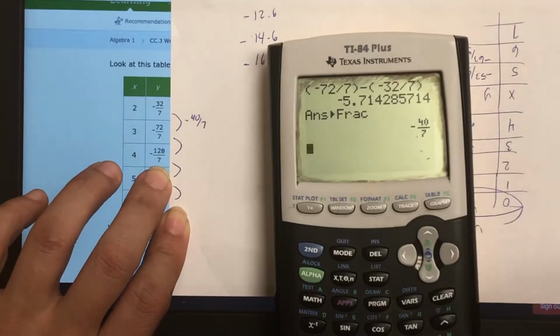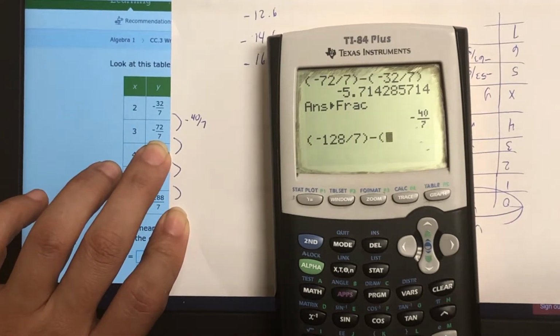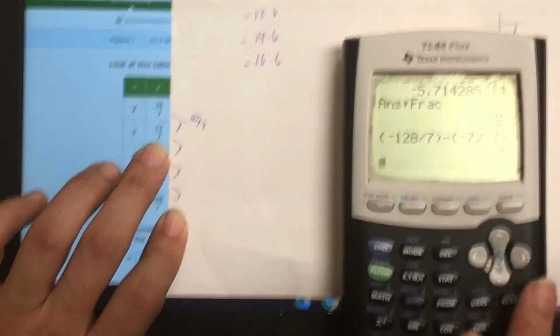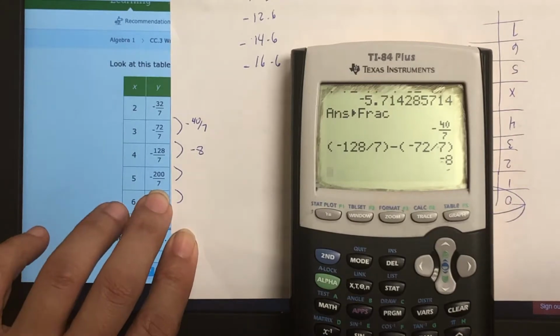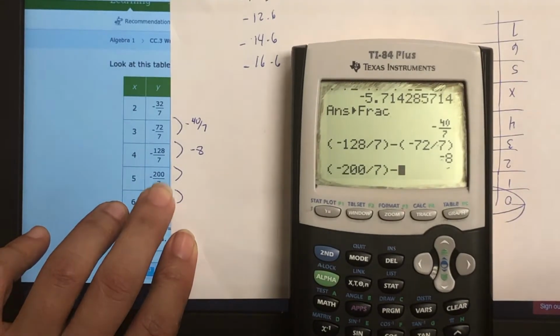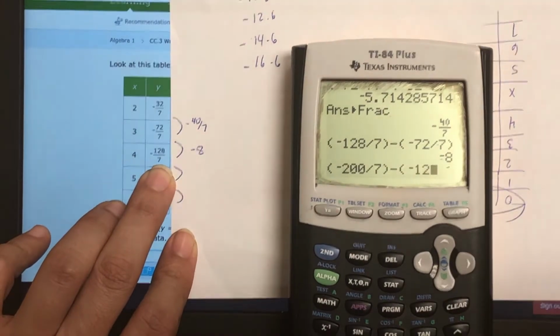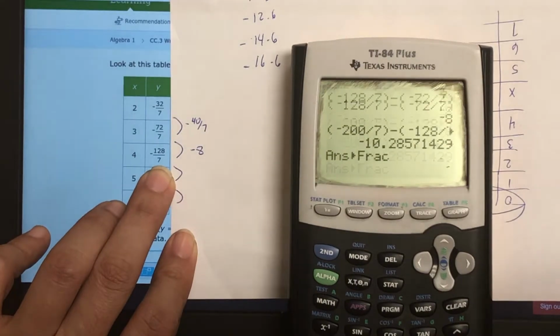Then this one, in parentheses, minus the one before it, in parentheses, math, enter, enter. Oh, okay, it's just negative 8. All right, then the next one. This one, in parentheses, minus that one, in parentheses, math, enter, enter.